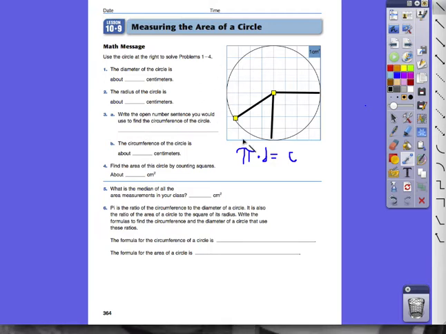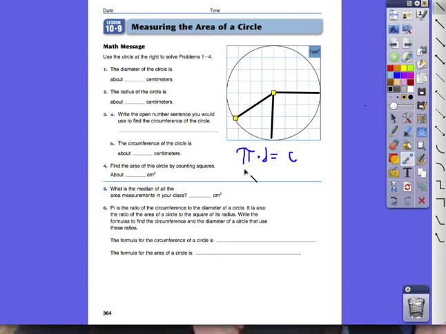Remember, circumference is the distance around the circle, and instead of getting a string and measuring it and then flattening it out, an easy way to do it is pi times d, or our diameter. Remember that pi stands for that number that goes on and on. It stands for 3.14.